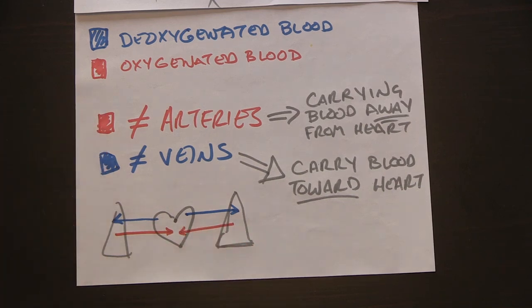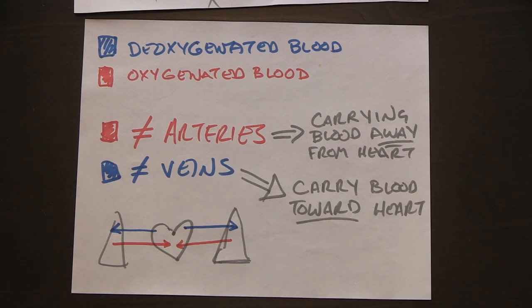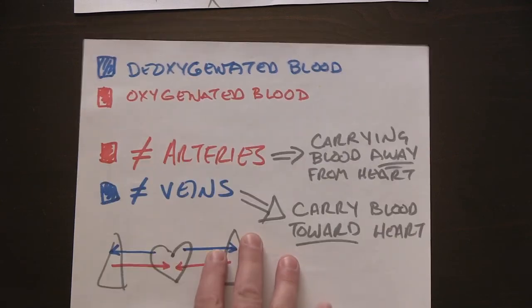And if you look at a model or a picture, they're going to be red. So red does not always mean artery. It depends on which circuit. If you're in the systemic, then they are red. If they're in the pulmonary circuit, then they're going to be blue. Okay, so don't get confused by that. I'm going to stop there and pick up part 2 later.